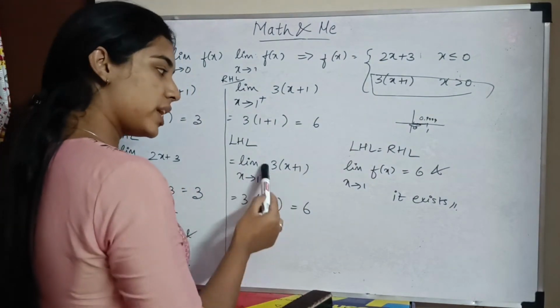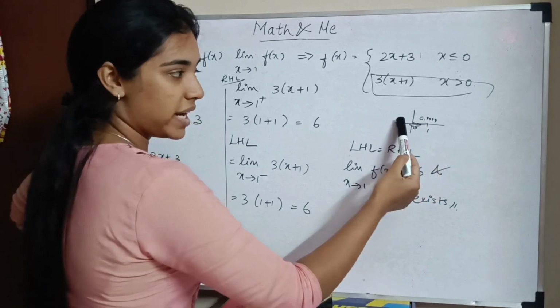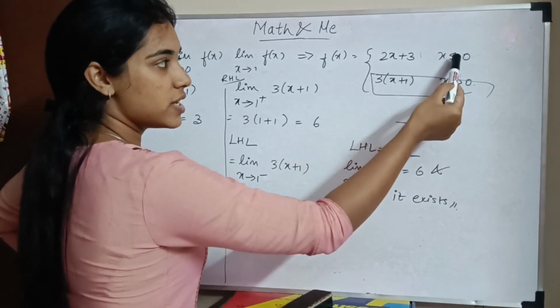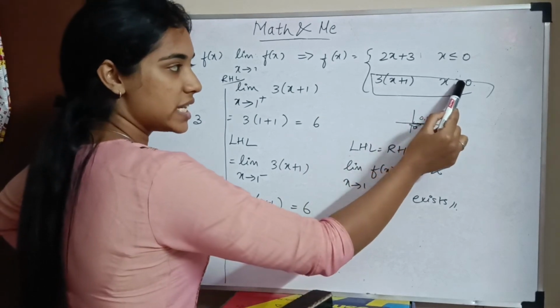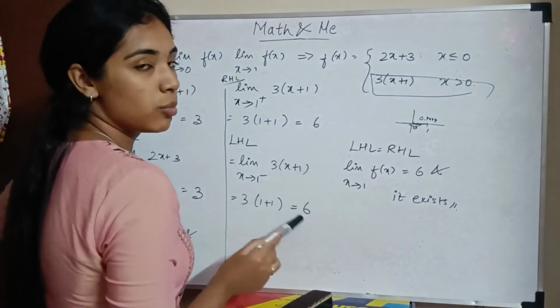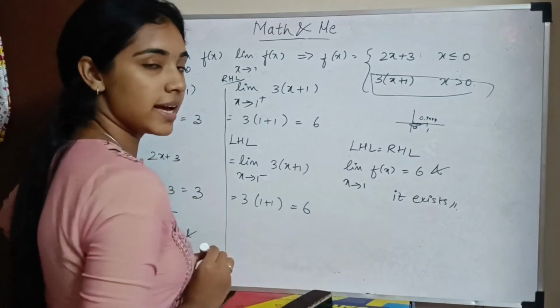Left hand limit you take the same term, edunala 1 minus nu varumbodhu 1 minus, which means it is still greater than 0, 0 ku indha side pola, so 0 ku indha side po mudiyadhu. So 0, it should be greater than 0. So you are again taking the same term, which means both the limit exists. So limit x tends to 1 வந்து 6. Okay.